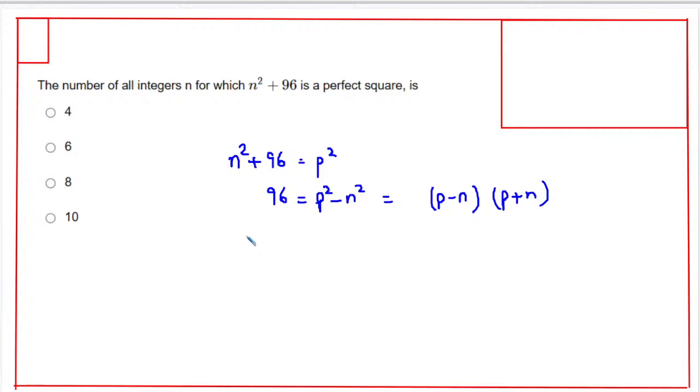48 is like 16 into 3, 48 into 2. That's our factorization. And we know that whenever there is an even number, that must be a multiple of 4. So we take that 4 common and find the factors of the remaining number.